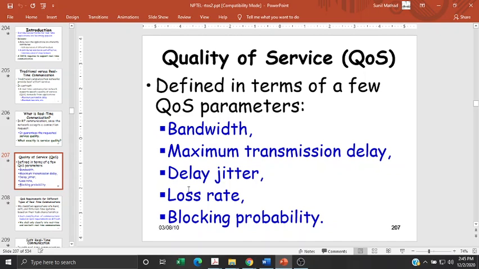Maximum transmission delay, because in the network we don't know how the packets are being routed and how they reach the other end. If I'm making a Skype call, I'm least bothered whether my packet is taking the Sonet optical fiber or the continental optical fiber, or it is reaching the other party through satellite.